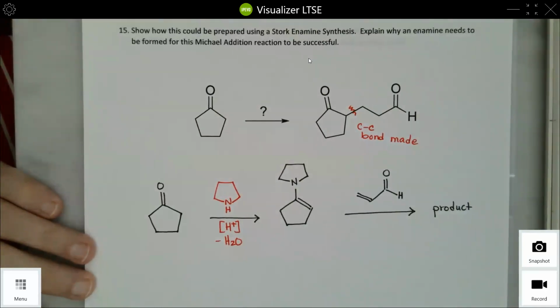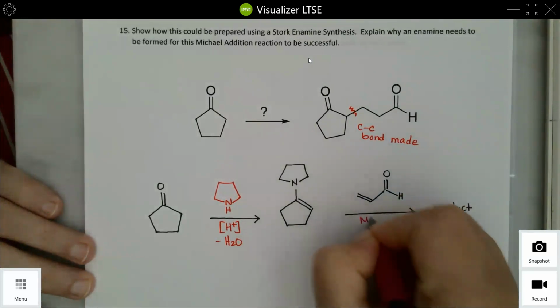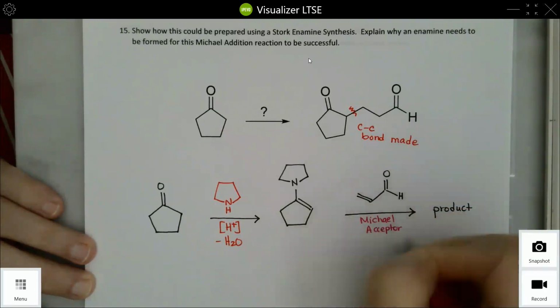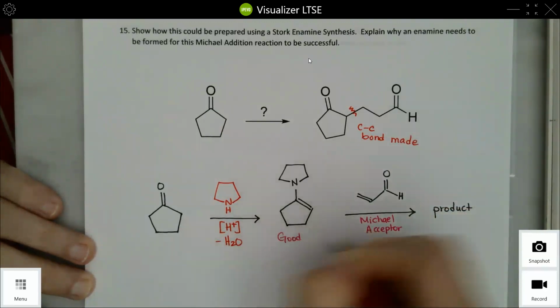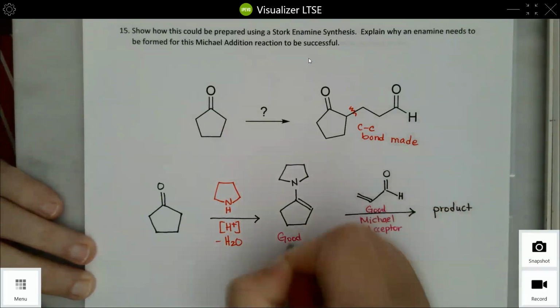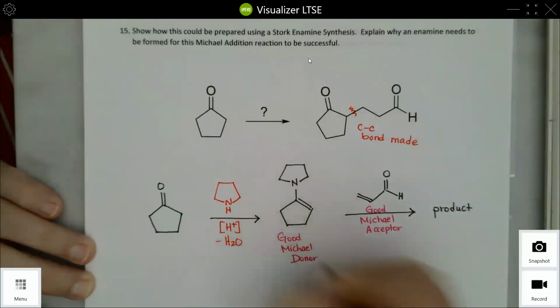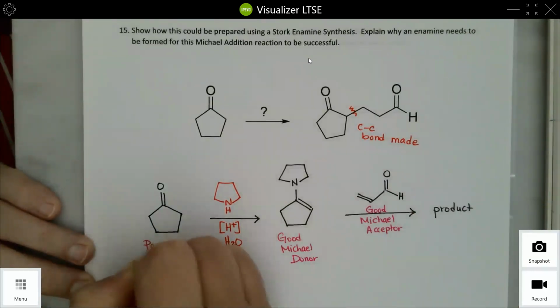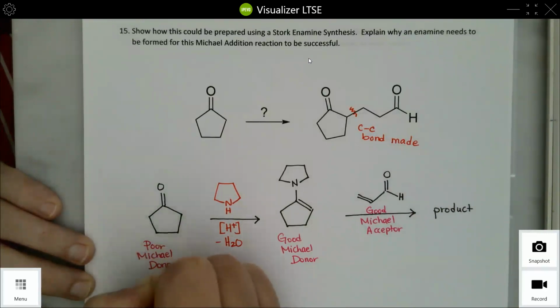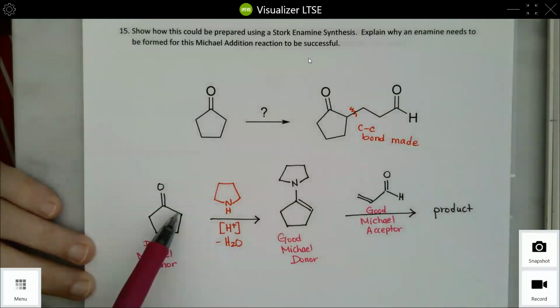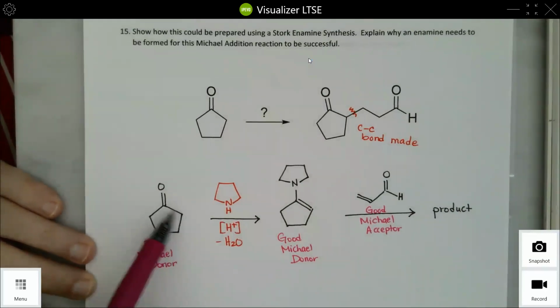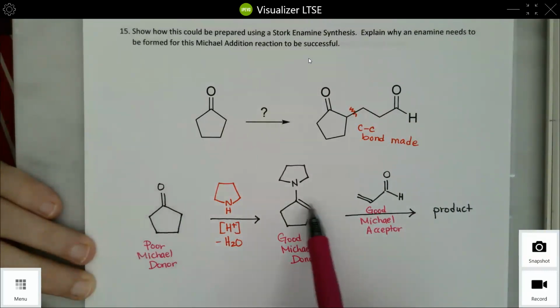So the simplest way is to think that this is the Michael acceptor, and this is a good Michael donor, and this is a poor Michael donor. And the problem is that if you treat this with a base and form an enolate, it's not stable enough. It's too reactive. Whereas this essentially is the same thing.